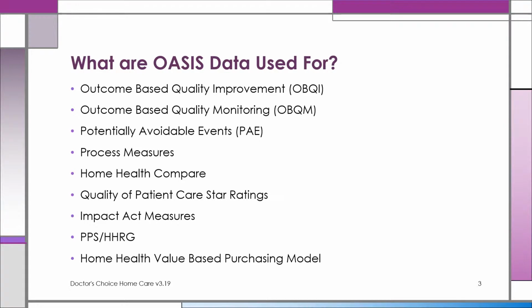There's a significant amount of information that is used from the OASIS that impacts a home care's quality and performance measures. So it's critical that we score these items correctly.